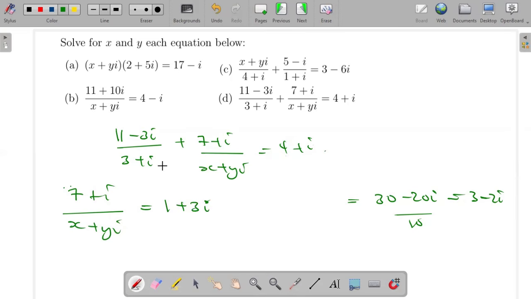Okay, so this is what you're going to get. Then over 1 here, so it means I can then cross multiply here.